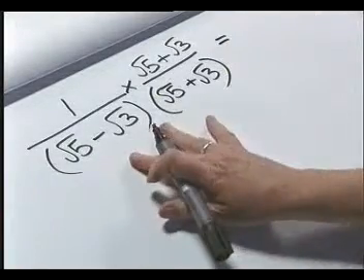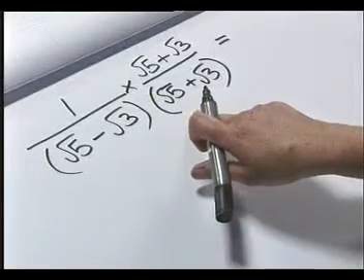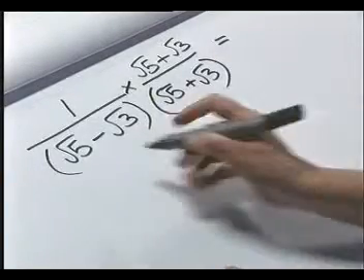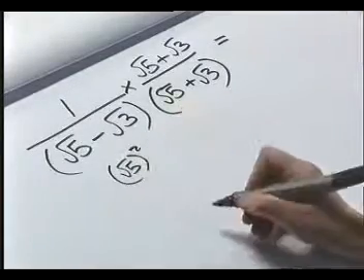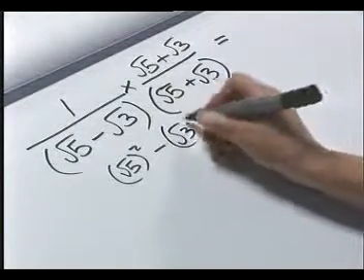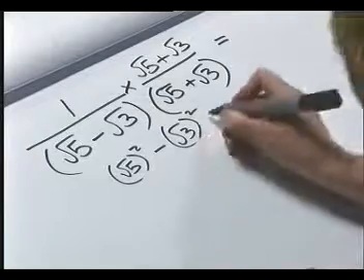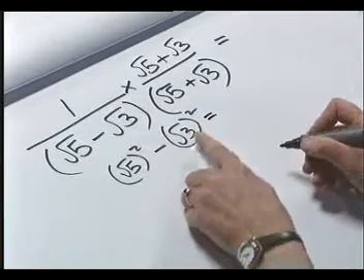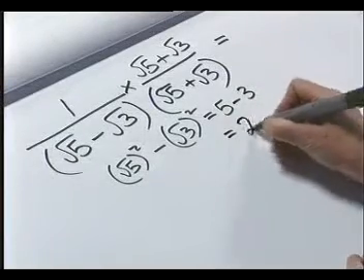We work out this expansion using the difference of two squares. The two squares involved are the square root of 5 squared subtract the square root of 3 squared. When we evaluate that, that is 5 minus 3, which equals 2.